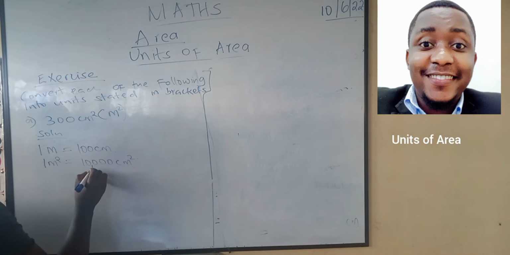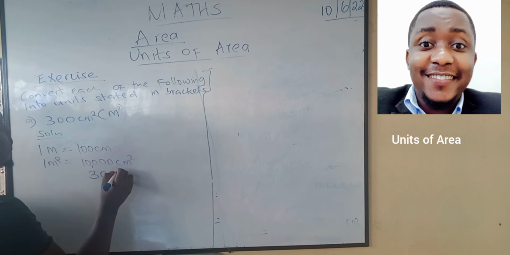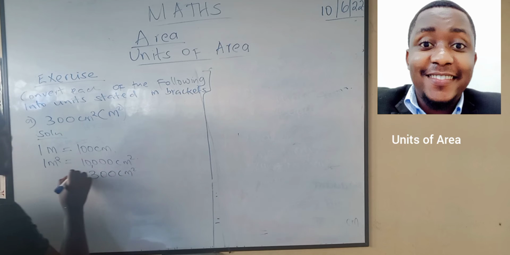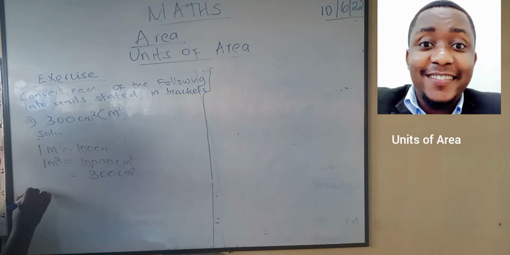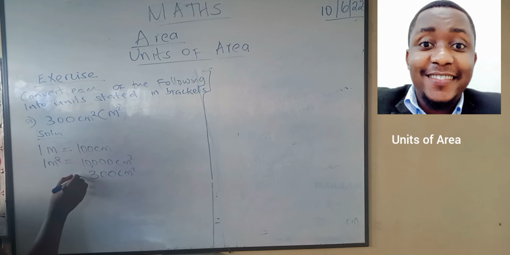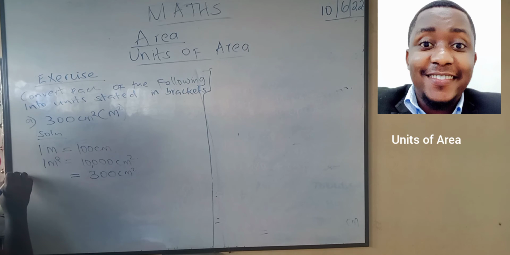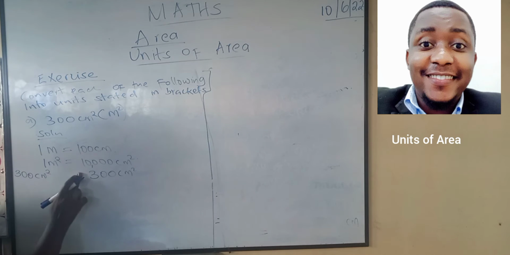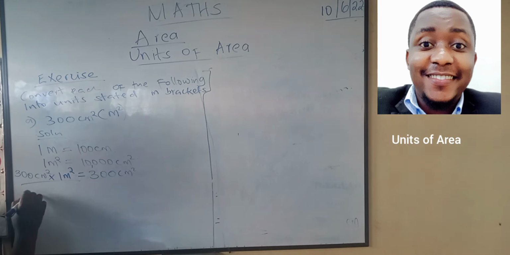So we are going to multiply 300 centimeters squared times 1 meter squared over 10,000 centimeters squared.